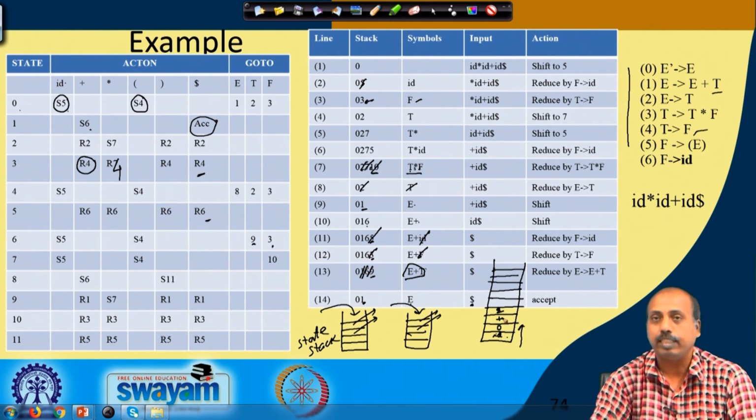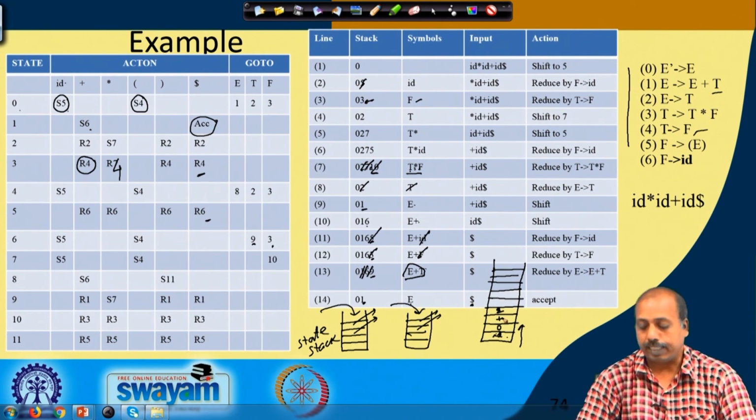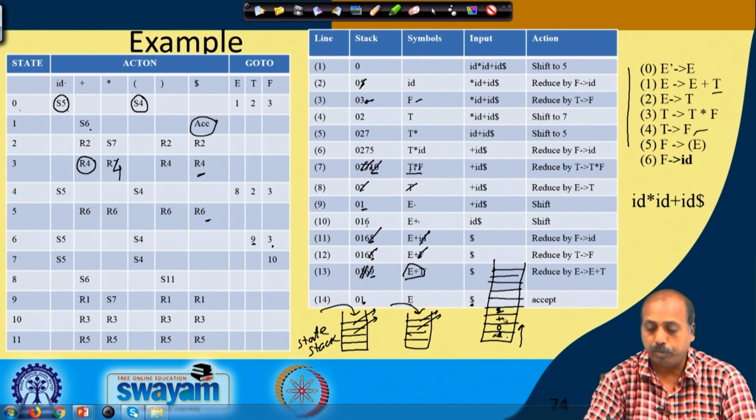So, it is a single stack where we have the alternation of symbols and states, and so whenever we are talking about popping out, we pop out twice the size of the right hand side, twice the size of the production.